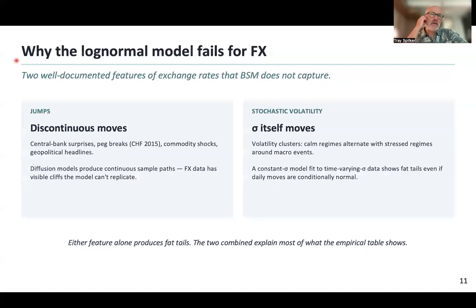So why does this log normal model fail for foreign exchange? There's two features of exchange rates that the Black-Scholes model does not capture. Now, the first is jumps.